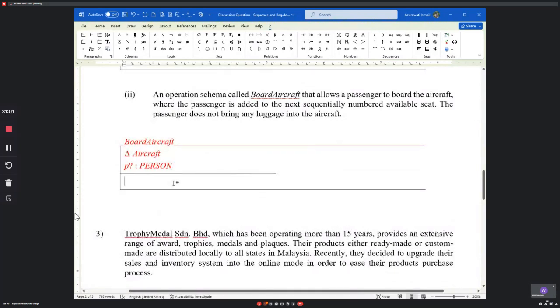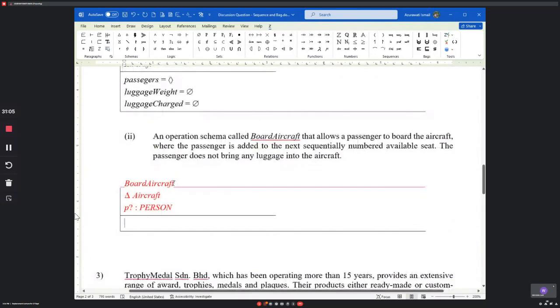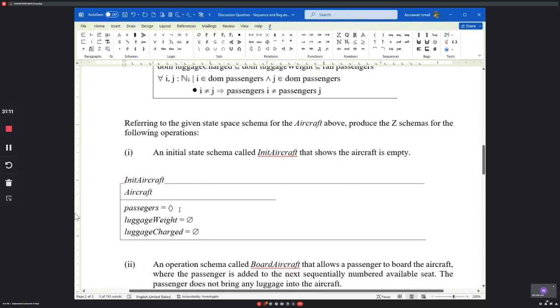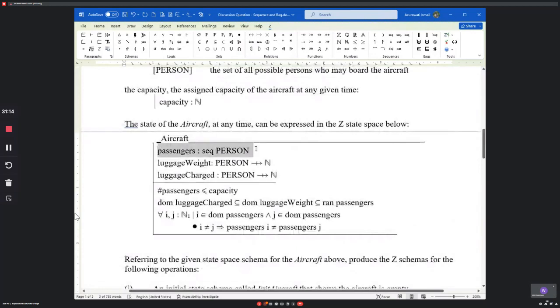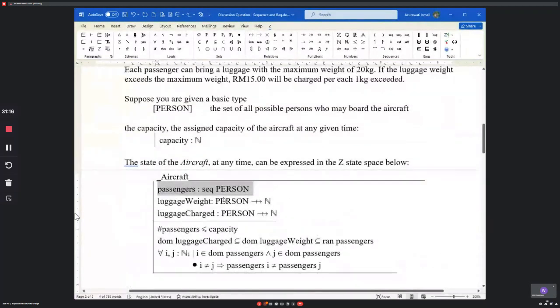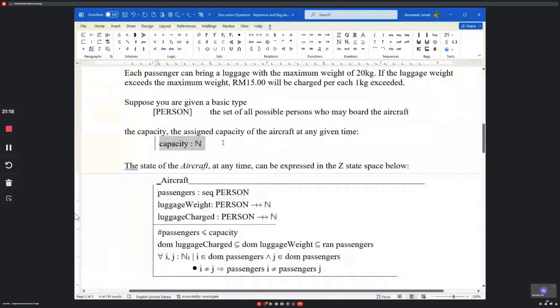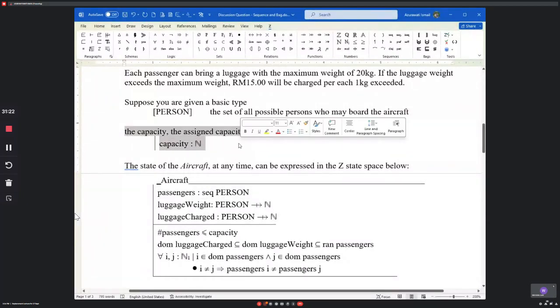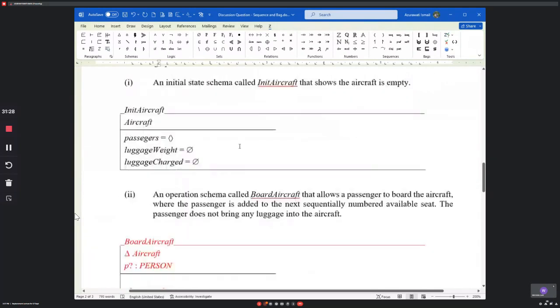Of course, when you want to board the aircraft, we have to make sure that the person does not exist yet in our sequence, in our passengers. And another thing we have to consider is the capacity. Because we already put the capacity here, we have to consider the capacity for this person.